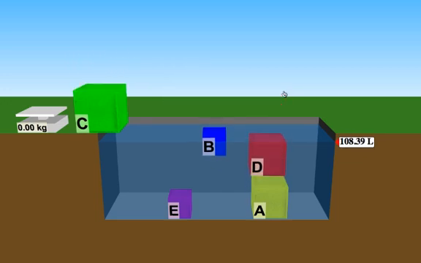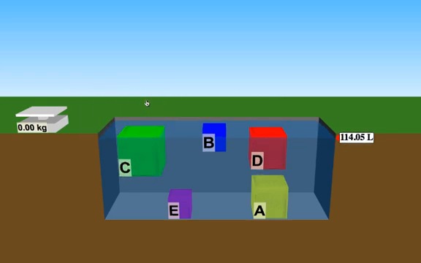D just barely floats, so it's less than 1, but not by a lot, so maybe like a 0.9, 0.95. C floats pretty well above water, so if I had to guesstimate, 0.7, 0.8. Now I could find this out.